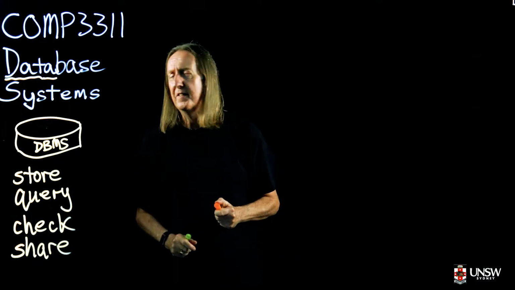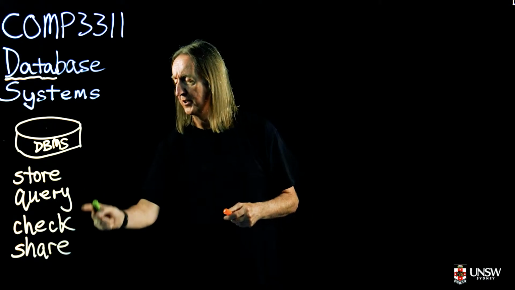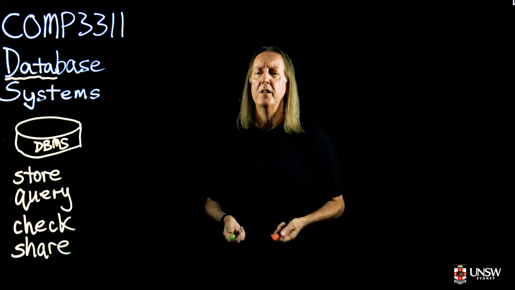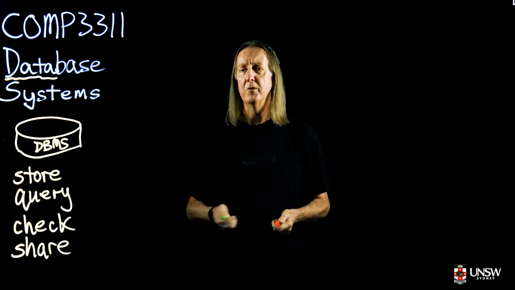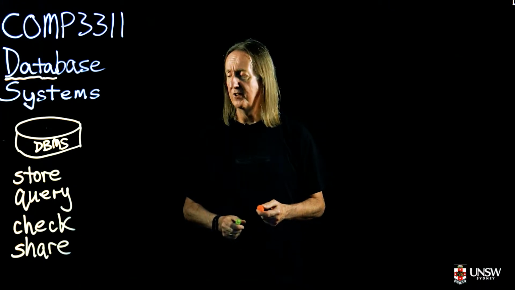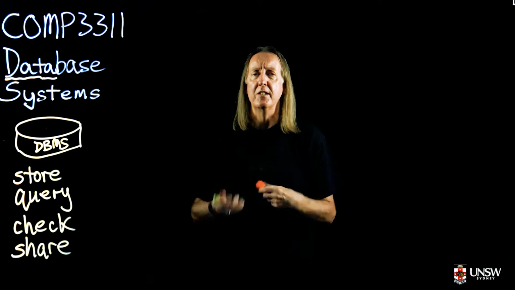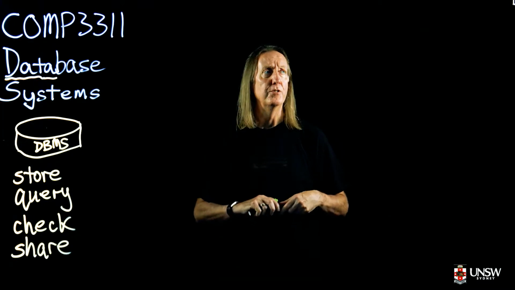So that aspect of databases could be handled just with a file system. These others can't, and in particular sharing, the notion of enforcing concurrent access to the database in a sensible way, is something that's a lot harder to do with a file system. Similarly, generic styles of checking the validity of data is also hard to do.